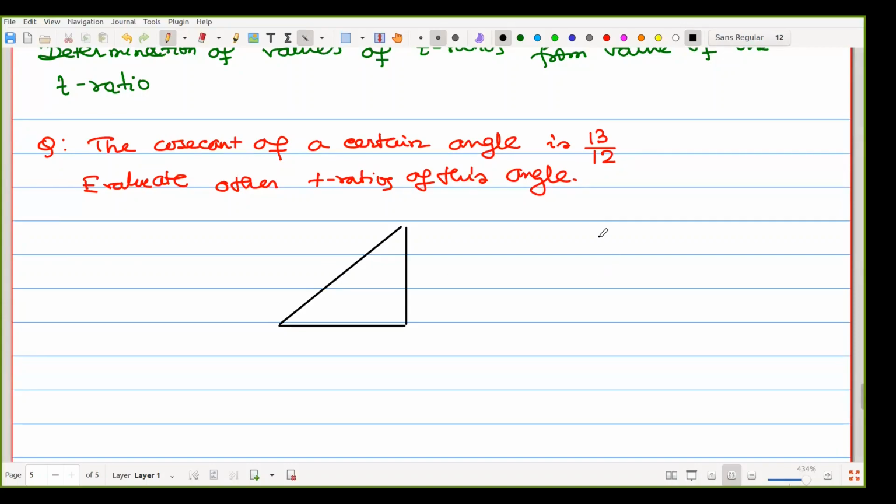Whatever we have been given, that is cosec theta is equal to 13/12. That is our theta. Suppose that is O, that is P, that is M.